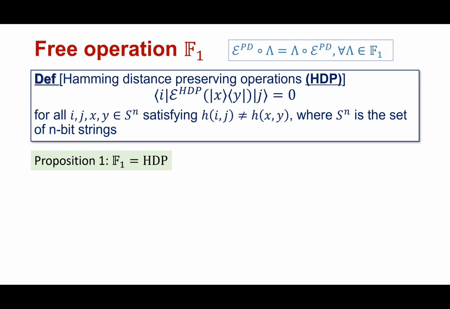Essentially, if we start from coherence between x and y, and we want to end up with coherence in i and j, it should be satisfied that the Hamming distance between x and y equals that between i and j. So we prove that our first free operation is just equal to these Hamming distance preserving operations.